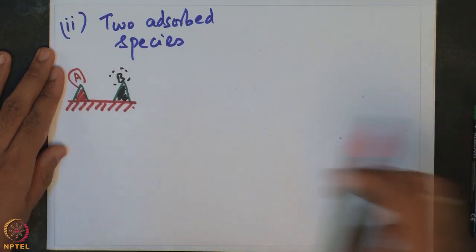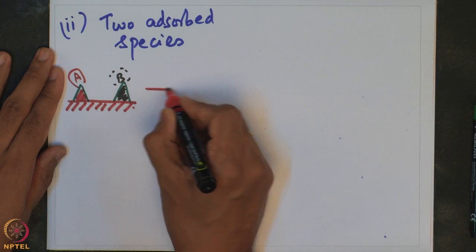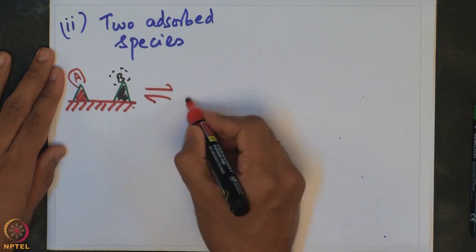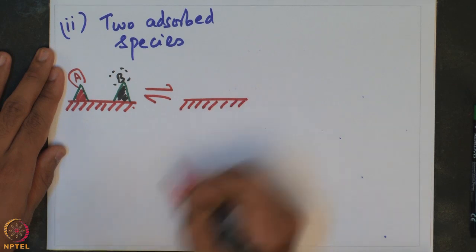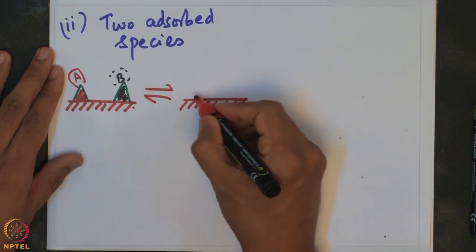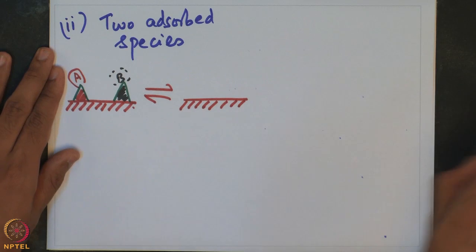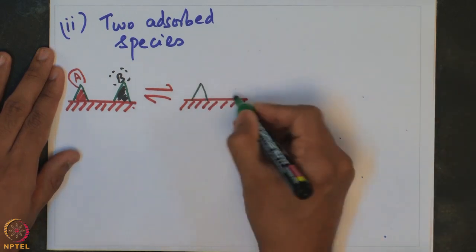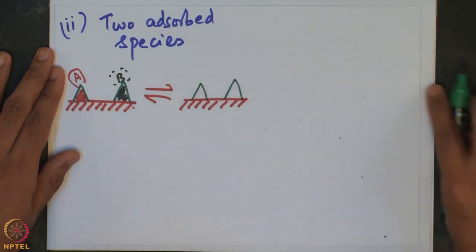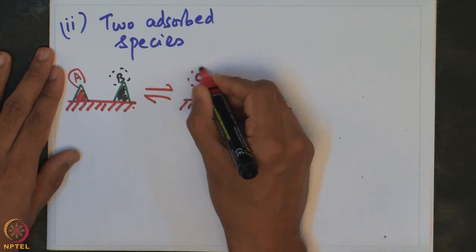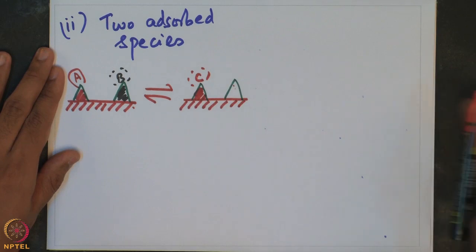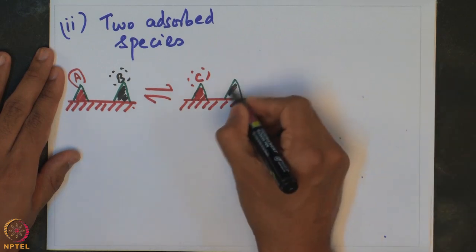And now these two would undergo a catalytic reaction reversibly to form, let us say, some product C and another product D.